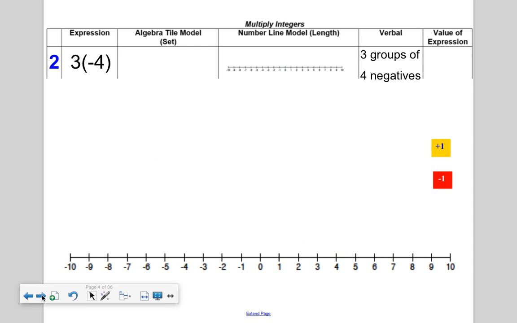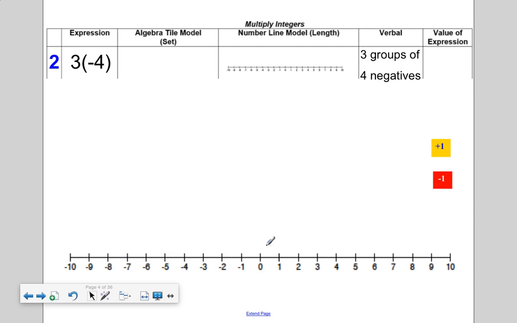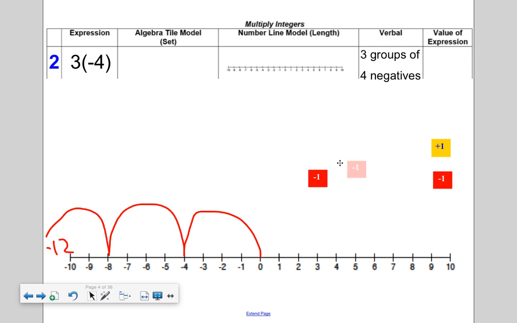Next one. 3 groups of -4, or 3 times -4. How would this be represented on a number line? So 3 groups of -4. Here's one group of -4. Here is our second group of -4. Here's our third group of -4. So what number would that be? That would be -12. What if you prefer using these tiles?